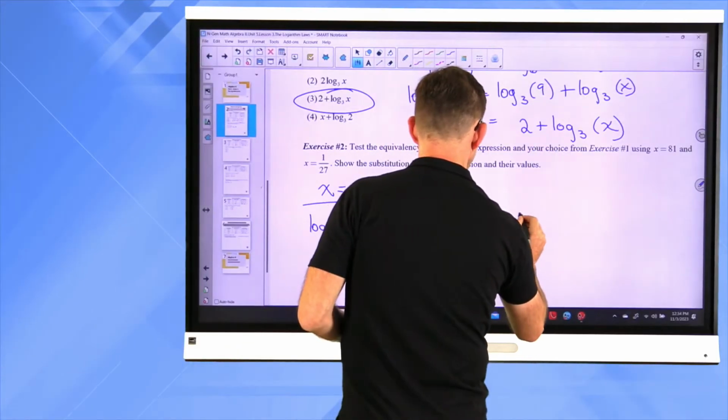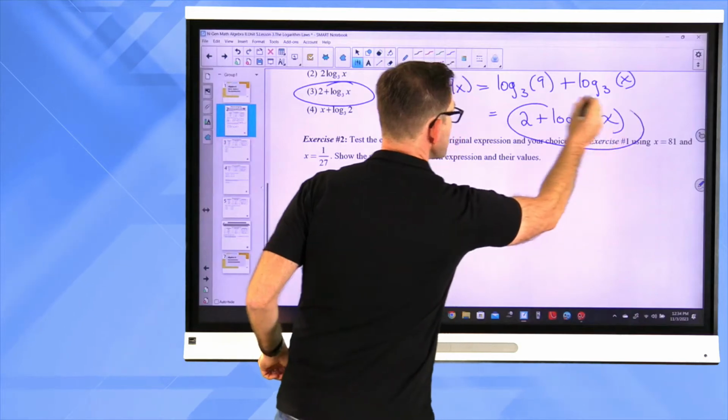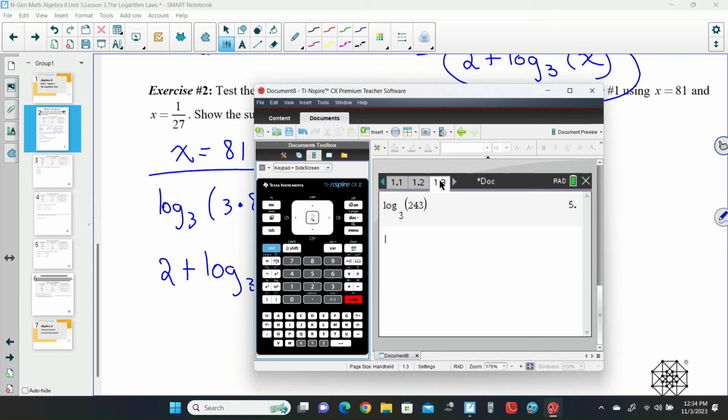So that's equal to 5. But we're saying that, hey, that should be the same as 2 plus log base 3 of x. Well, 2 plus log base 3 of 81 is going to be 2 plus, and let's see, log base 3 of 81 is 4.